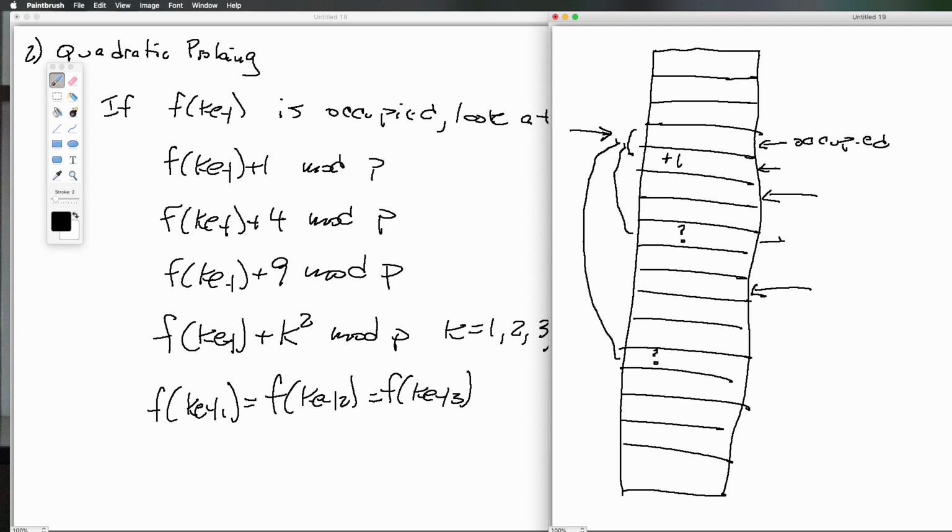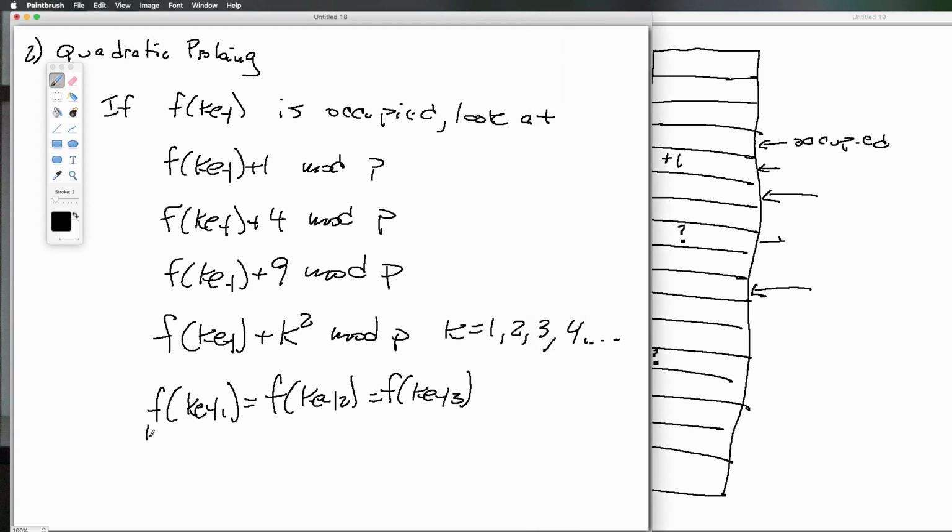So whereas it's creating spaces between here where I could ultimately hash other values, if I'm unlucky and a lot of keys actually hash to the same value, I'm still going to have the same problem, that there's going to be clusters created around these spots right over here. So the question is, is this better? And the answer is a little.